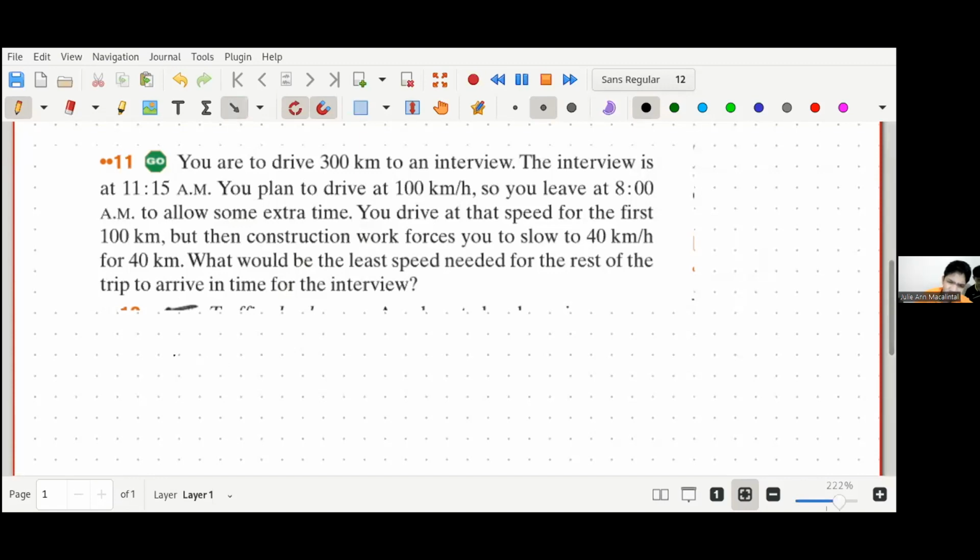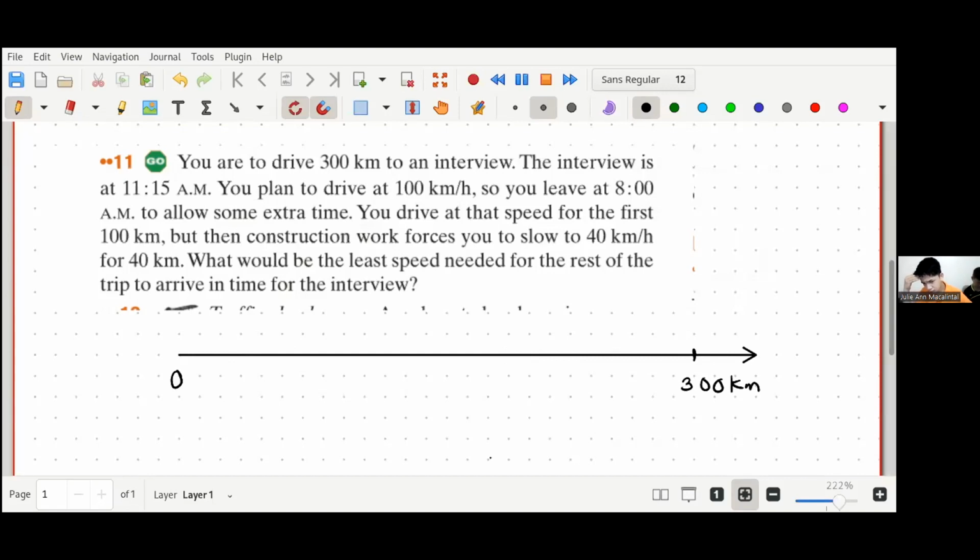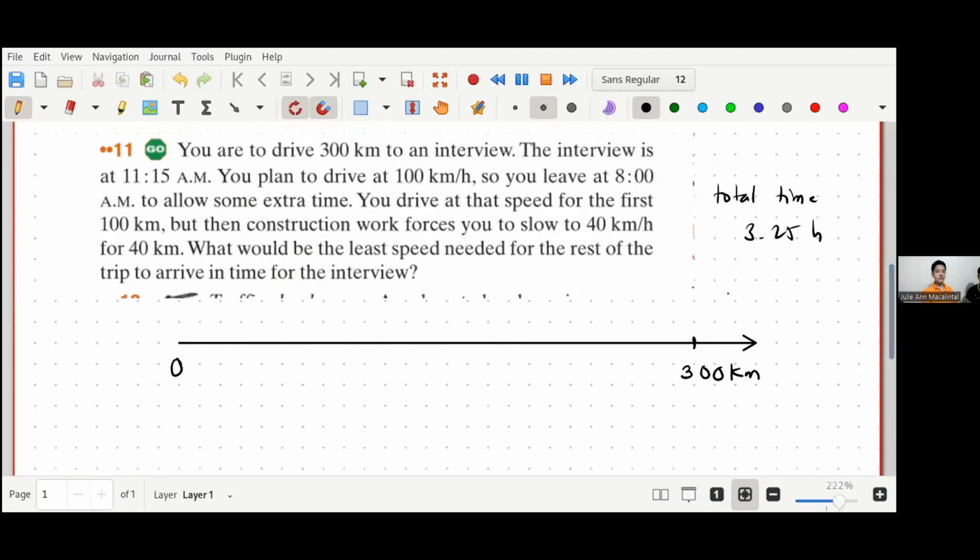Let's say meron tayong draw a line to represent yung initial at saka yung final. Tapos ito yung start. Tapos yung dulo, this is 300 kilometers away. Ngayon, yung first part of your journey is 100. So total time is 3.25 hours, kasi 8 to 11:15.